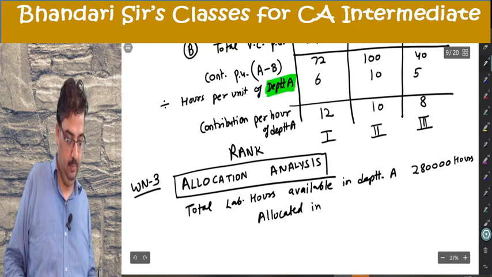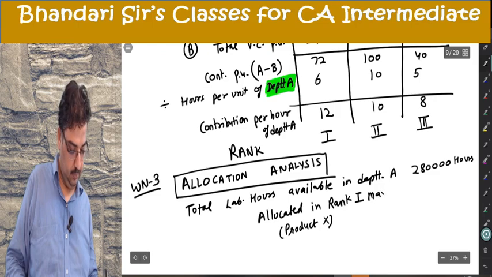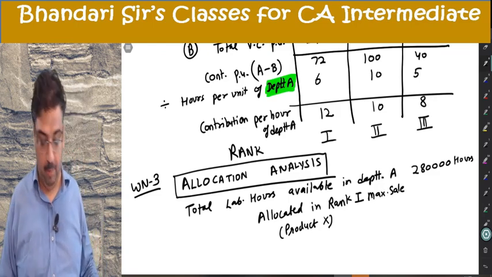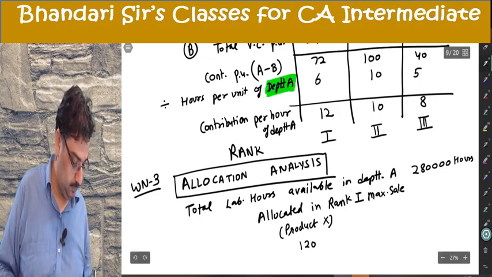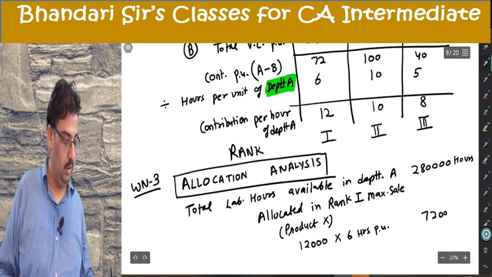Allocated in rank 1, product X, maximum sale. Maximum sale possible is 12,000. For 1 unit, 6 hours. 72,000 hours are gone.